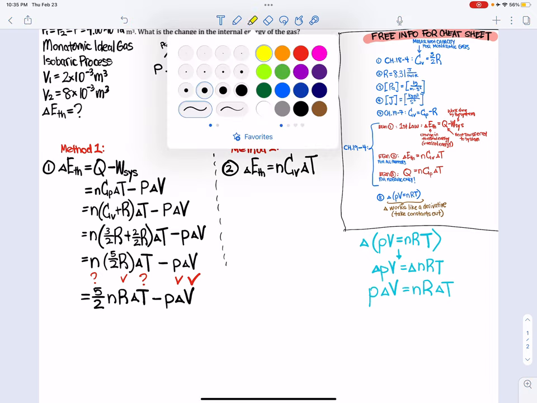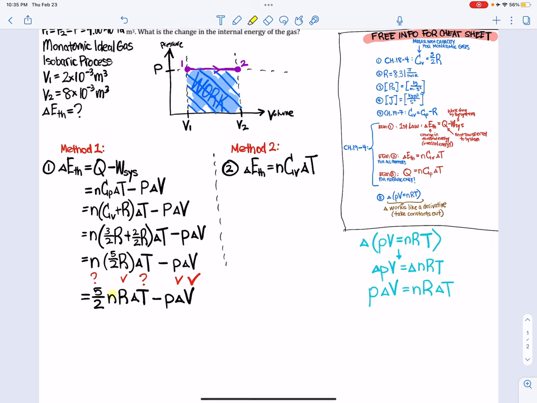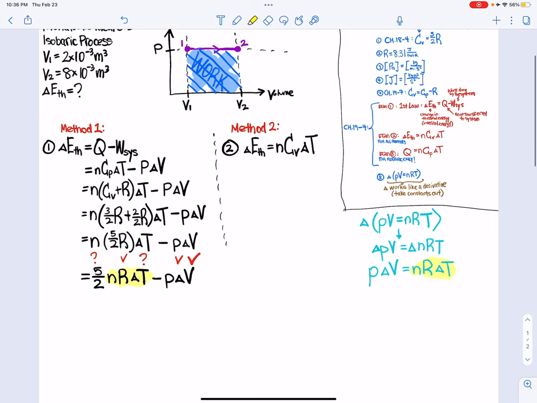Oh, look, nR delta T, nR delta T. So I'm going to substitute nR delta T with P delta V, okay? So then that would become 5 over 2 P delta V minus P delta V, okay? What a coincidence. I know pressure and I know the change in volume that was given in the problem. So now I can solve for my change in thermal energy.